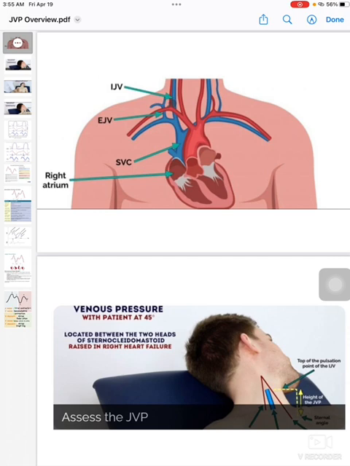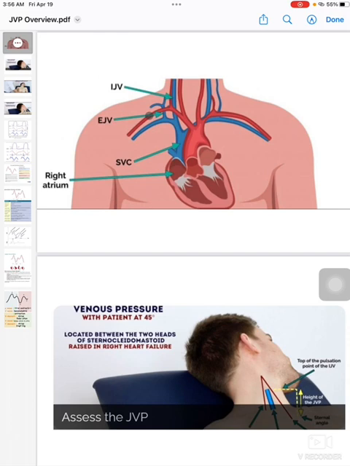The internal jugular vein runs between the medial end of the clavicle and the earlobe under the medial aspect of the sternocleidomastoid muscle, making it difficult to visualize. Its double pulsation is, however, sometimes visible due to transmission through the sternocleidomastoid muscle. Because of the inability to easily visualize the internal jugular vein, it's tempting to use the external jugular vein as a proxy for assessment of central venous pressure during clinical assessment.